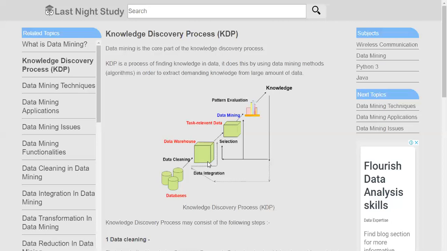Those 10 sources of data may come in different formats. So ultimately you have to combine all the 10 sources of data on the same platform in a single format, and then you can start making your predictive model. So that is integration.